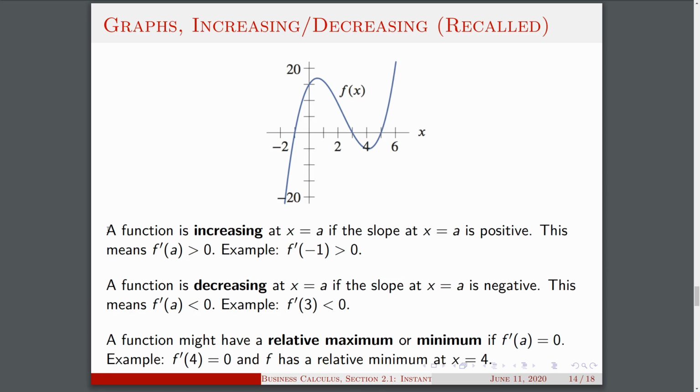All right, so now I can talk about a function increasing at x equals -1 in terms of its derivative. All right, if its derivative is positive, meaning its slope is positive, that's what we mean by the function increasing.